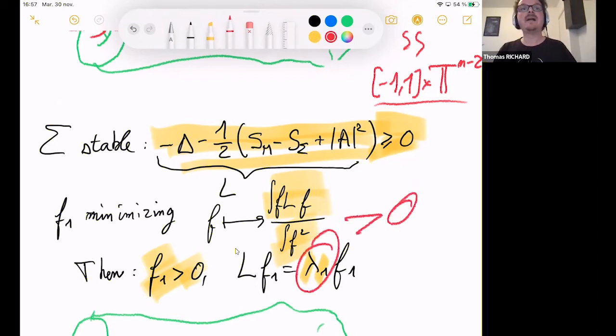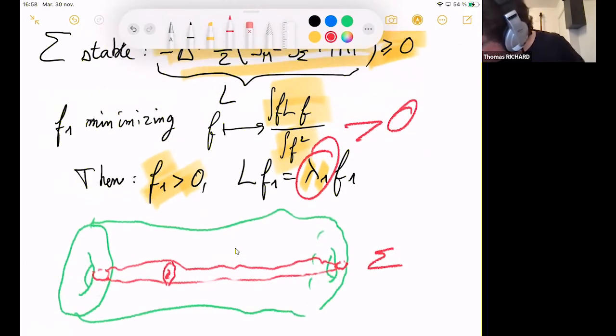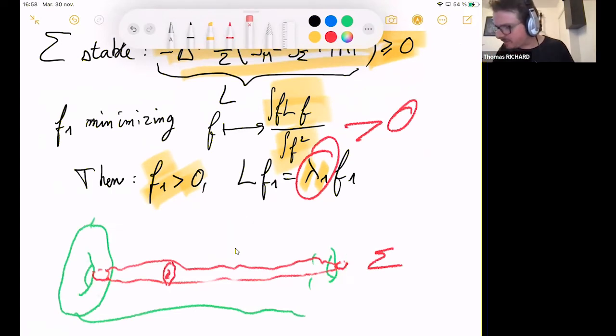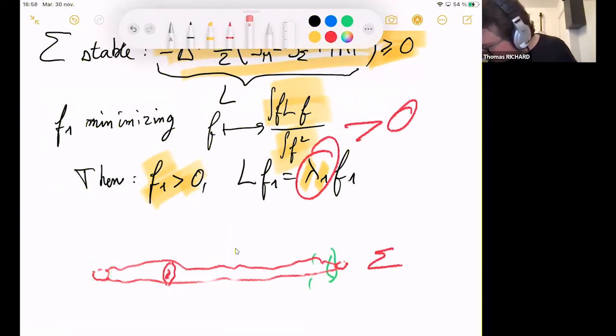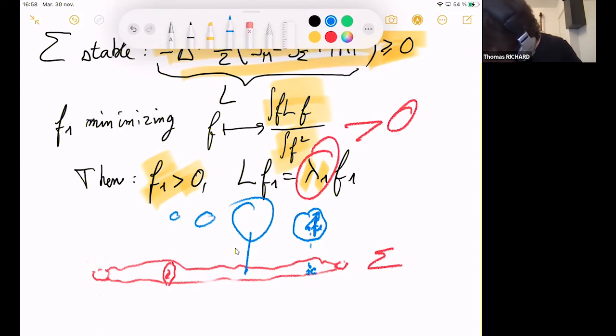Okay. And now I will make the following construction. I will keep sigma, I will remove M. I just keep sigma, and now above each x in sigma, I add a circle of radius f1 of x.